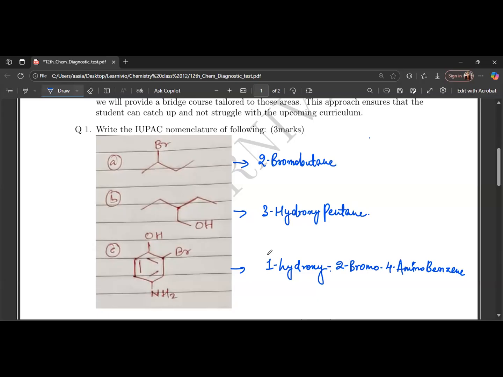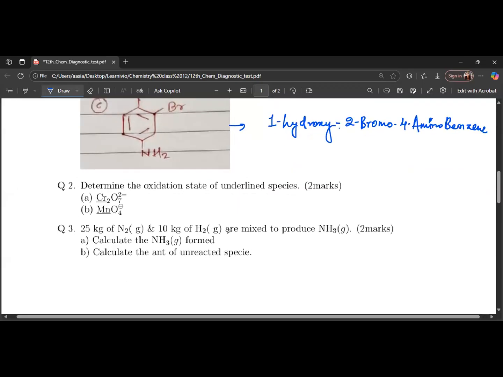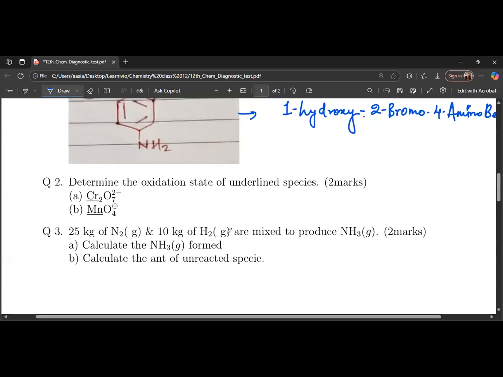Okay, now to the second and third question. In the second question, you have to determine the oxidation state of the underlined species. Oxidation state.